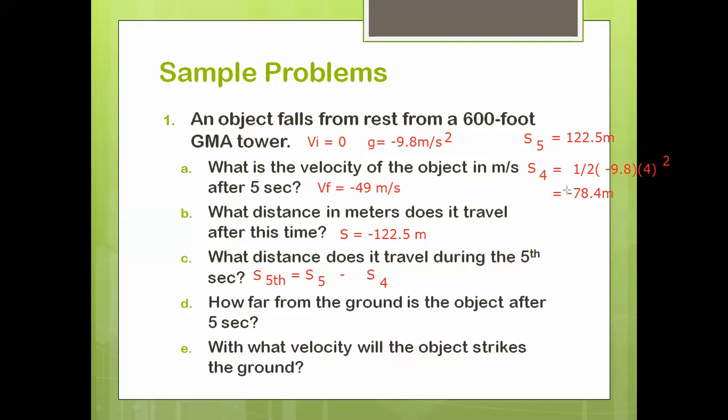So for 4 seconds, the distance is actually 78.4. So again, we can disregard the negative sign there because it is merely a distance. So therefore, the difference of the two here, 122.5 minus 78.4, gives us a value which is how much?